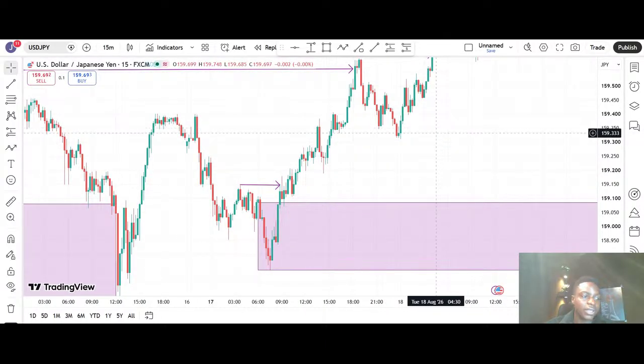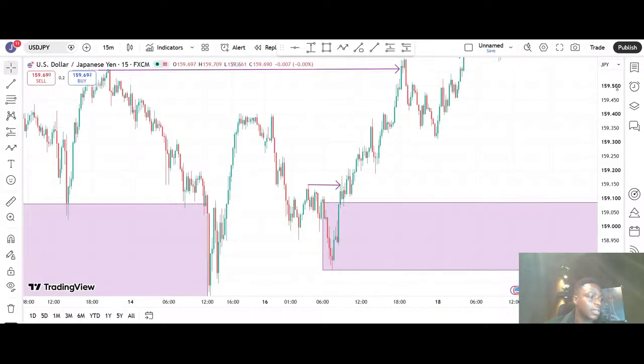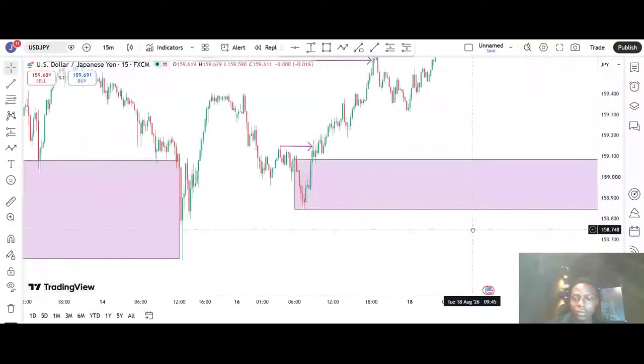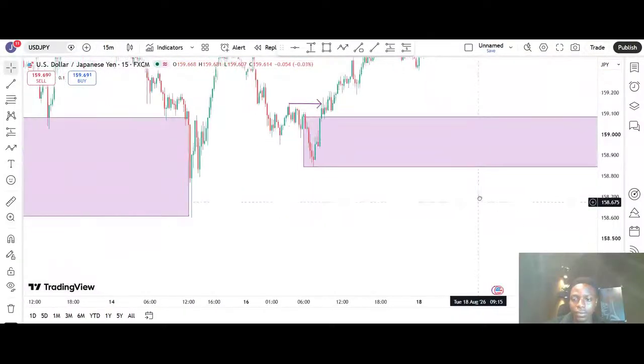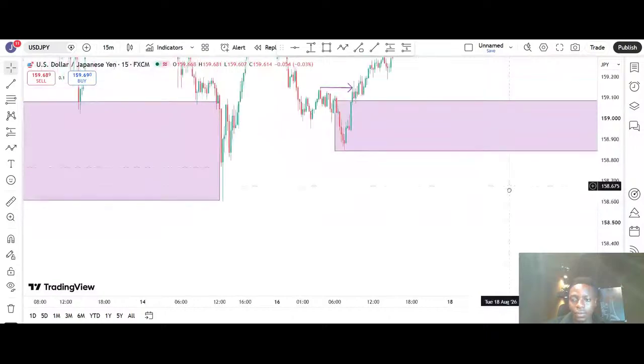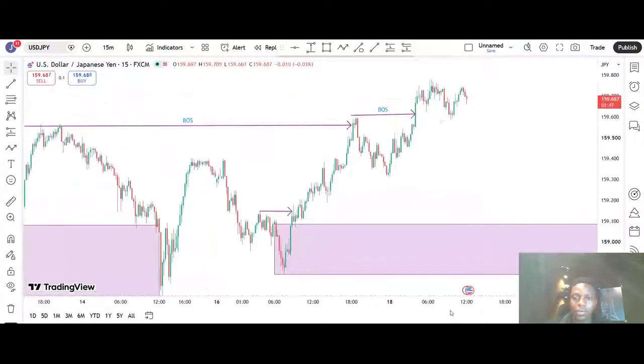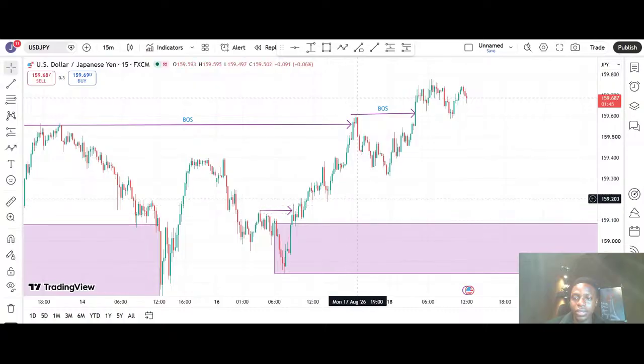This is the 15-minute time frame now. So you can see how the market is moving.